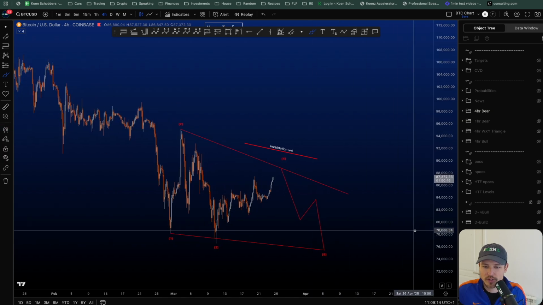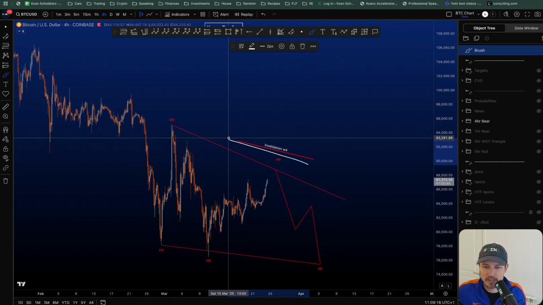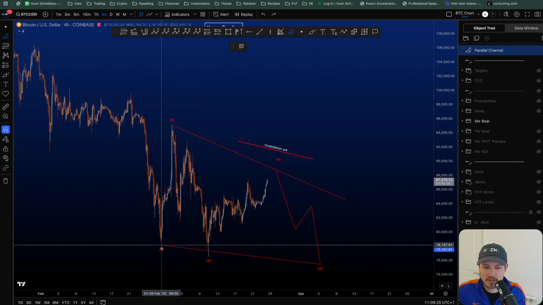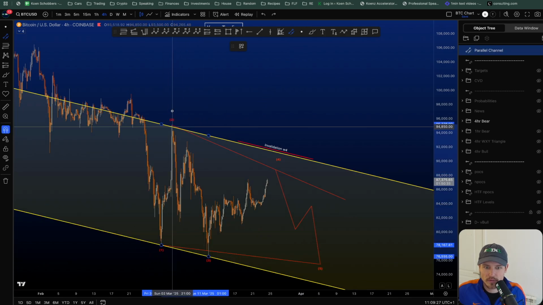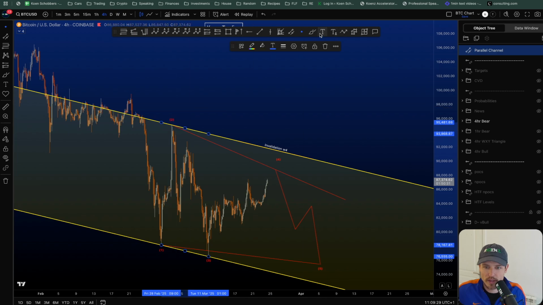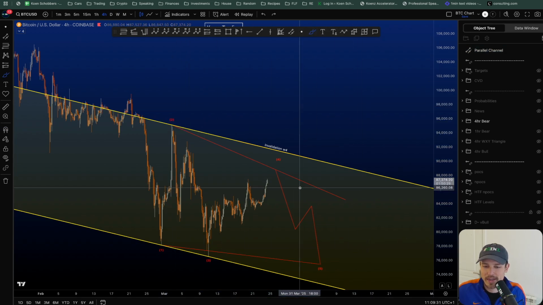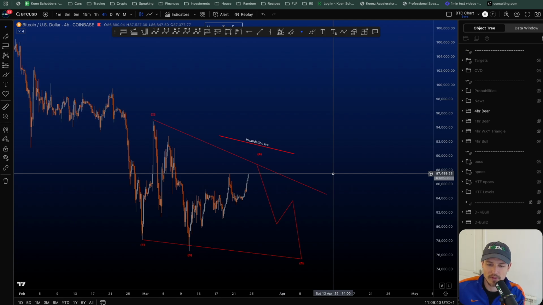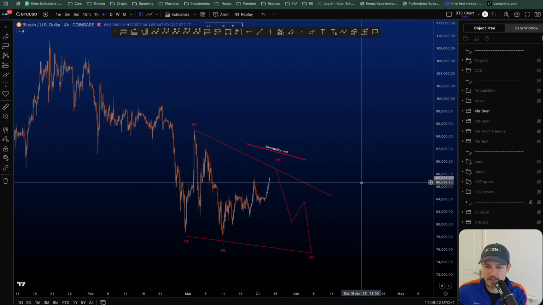The invalidation for this diagonal is touching this line over here, currently sitting at about 91.7, 91.5k, which is created by taking a channel from the low of 1 to the low of 3 to the high of wave 2, because in a contracting diagonal, you don't want wave 4 to hit the upper trend line of the channel, as then it is not contracting anymore. So that is why that is the invalidation for this particular scenario.